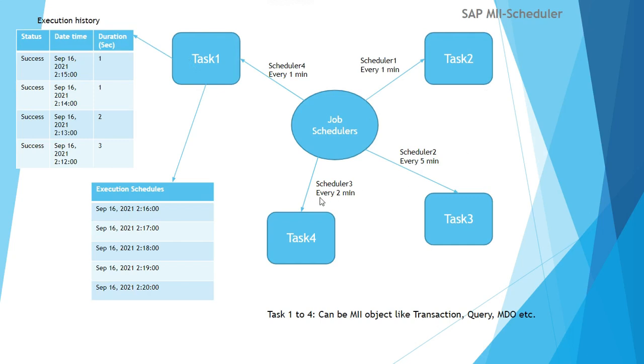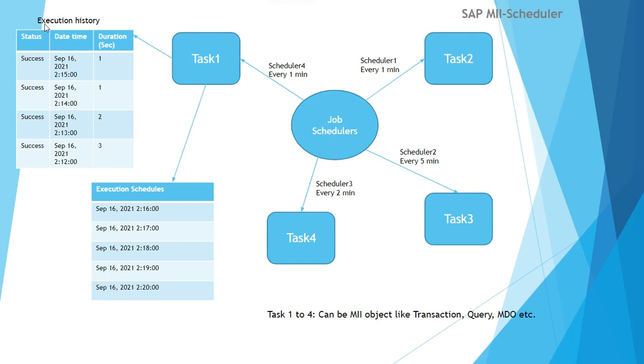Suppose there is task 1, task 2, task 3, task 4, and you have scheduled them. Scheduler 1 executes task 2 every 1 minute. Scheduler 4 is executing task 1 every 1 minute. So every 1 minute your scheduler is running and performing a specific task.